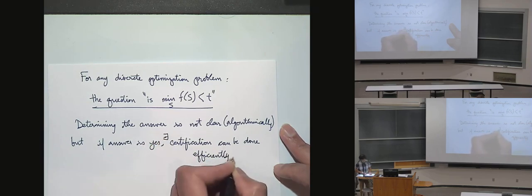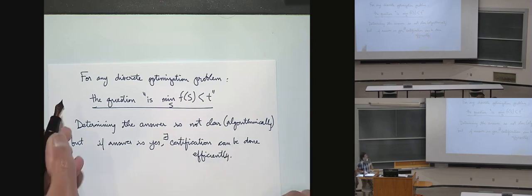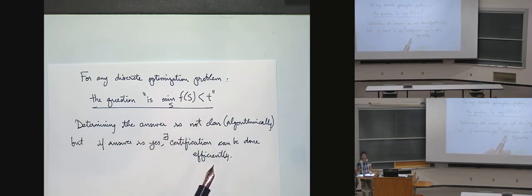Well, I said there exists. Okay, so what do I mean? I mean, finding this minimum might be hard. But if the answer is yes, there always exists a certificate that will convince you that the answer is true.